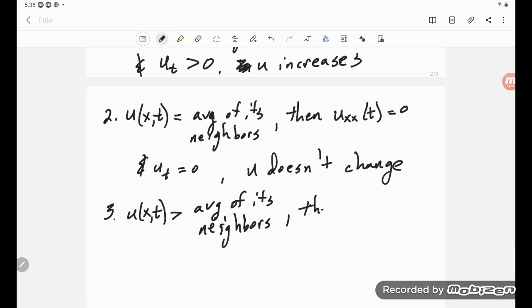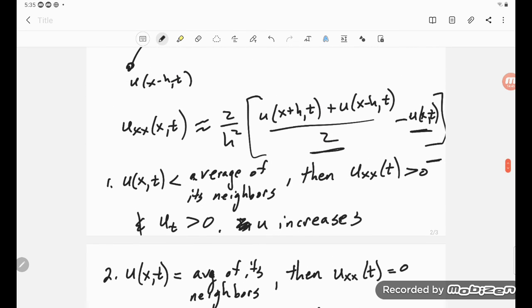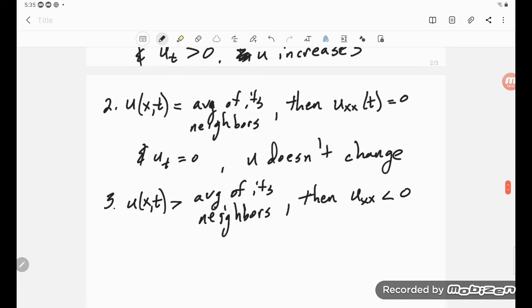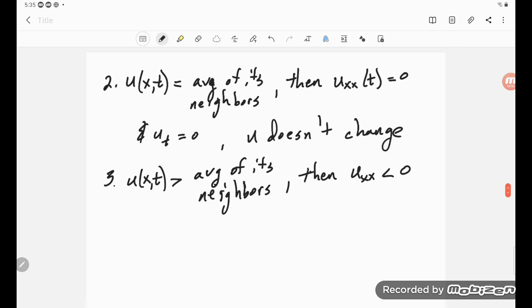Then uxx of t, well, it is negative, because you see if this over here, the one on the right, is the bigger number, then we'll get a negative, and so this will be negative, and so u sub t will be negative, or u decreases.